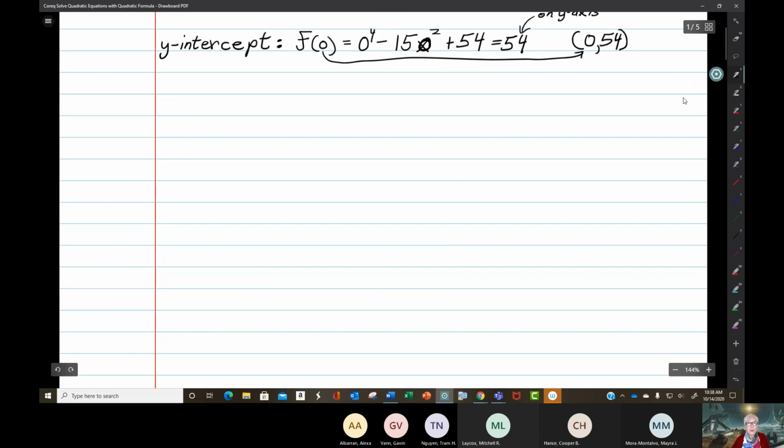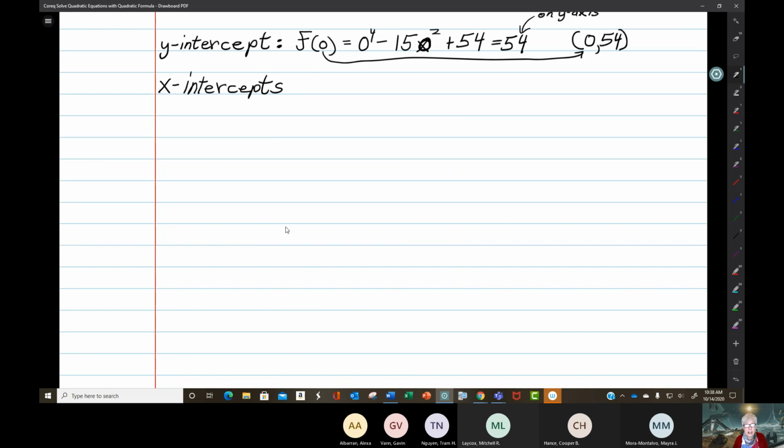Now, we need to find the x-intercepts, and they can be difficult. Not always, but they can be. Usually there are 2 for a quadratic, so I'm saying intercepts, but there might only be 1.